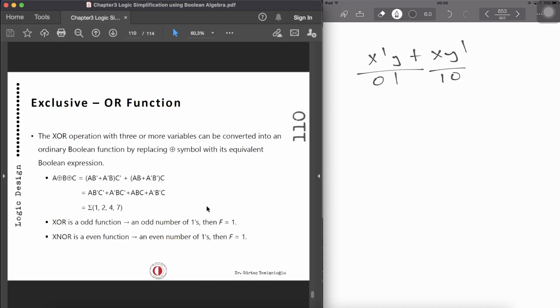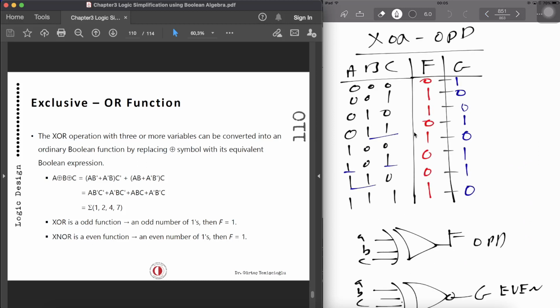XOR with 3 or more variables can be converted to an ordinary Boolean function. Like we have said, replace the XOR symbol with its equivalent. 3 variables or 4 variables will give you the same thing. Here we have some of the minterms as 1: minterms 1, 2, 4, and 7.